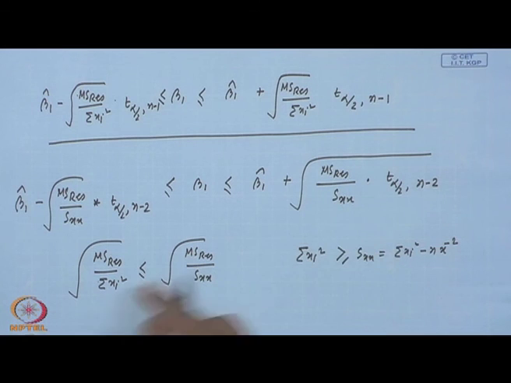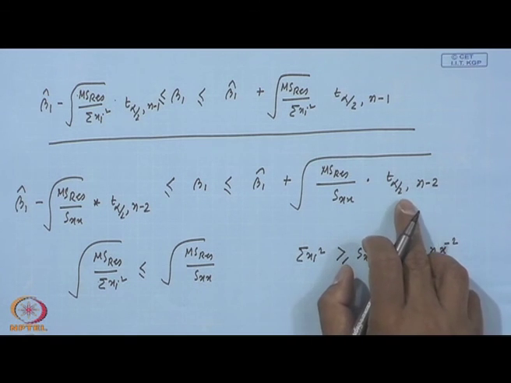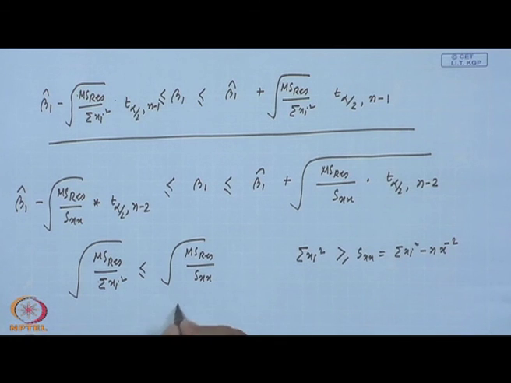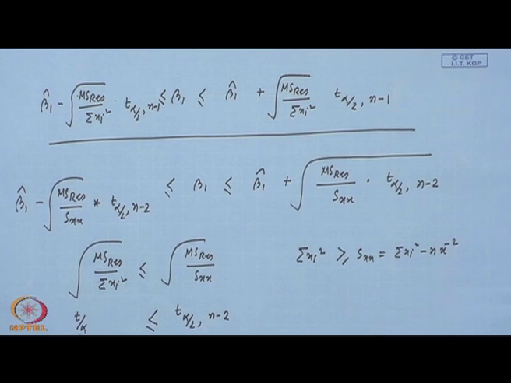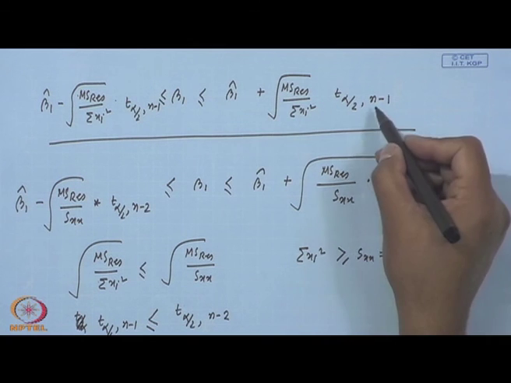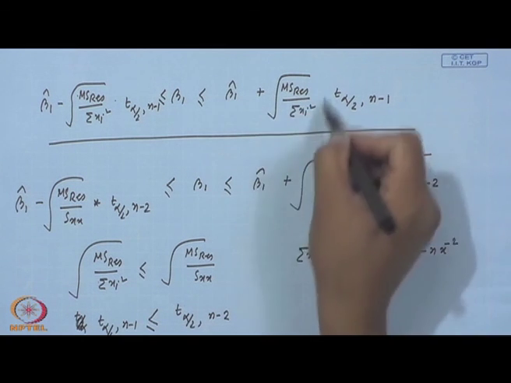So this one is larger than this one, and again from the t table you can check that the t value t alpha by 2, n minus 2 is larger than t alpha by 2, n minus 1, because the lower degree of freedom gives a larger value. So this one is larger than this one is larger than this one.